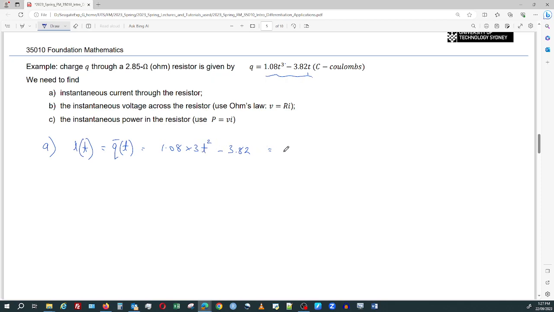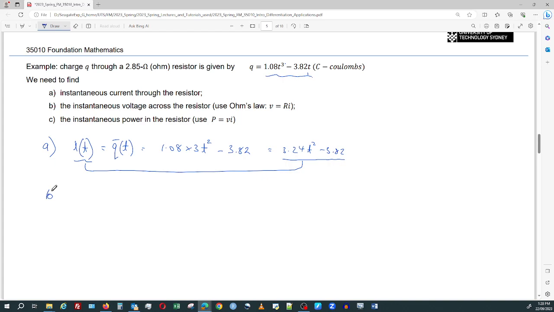So 3 8s are 24. So 3.24t squared minus 3.82. That's the current that flows. Here it is, the differential of the charge. Wow. Okay, amperes.